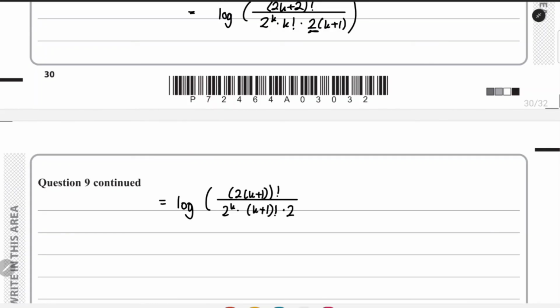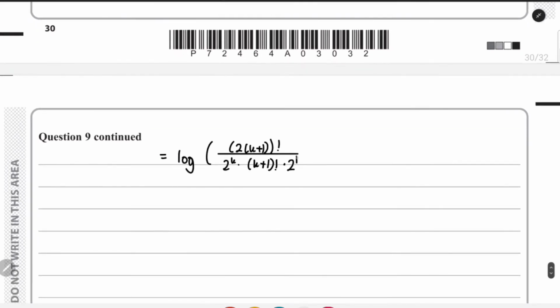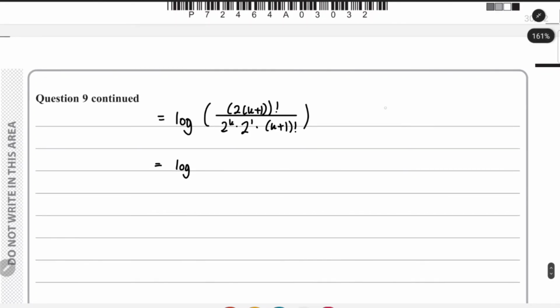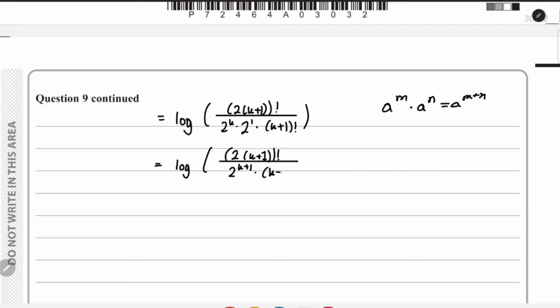This is 2 to the power 1, so I can write down 2 to the power k times 2 to the power 1 times k plus 1 factorial. Now we know by the law of indices that a to the power m multiplied by a to the power n is a to the power m plus n. So on the top we'll have 2 times k plus 1 factorial divided by 2 to the power k plus 1 times k plus 1 factorial.